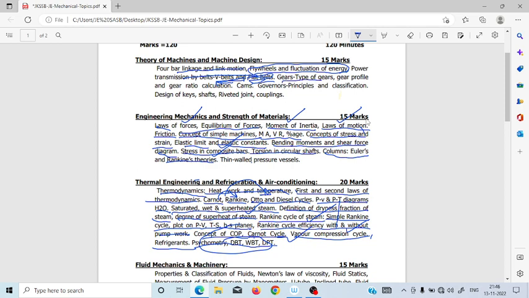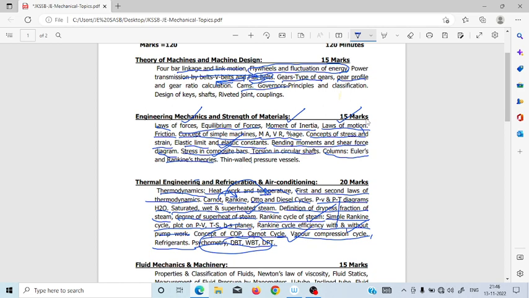When it comes to gears, as you know, there are different types: involute, cycloidal gears. We will discuss all those topics in the class. Gear profiles are basically a theoretical portion; discussing a gear profile is basically angular geometry. So we will discuss that in class.